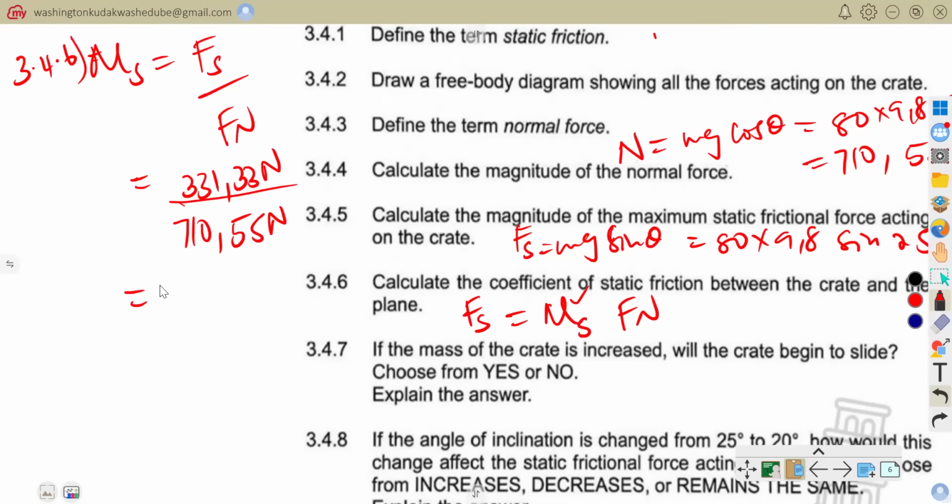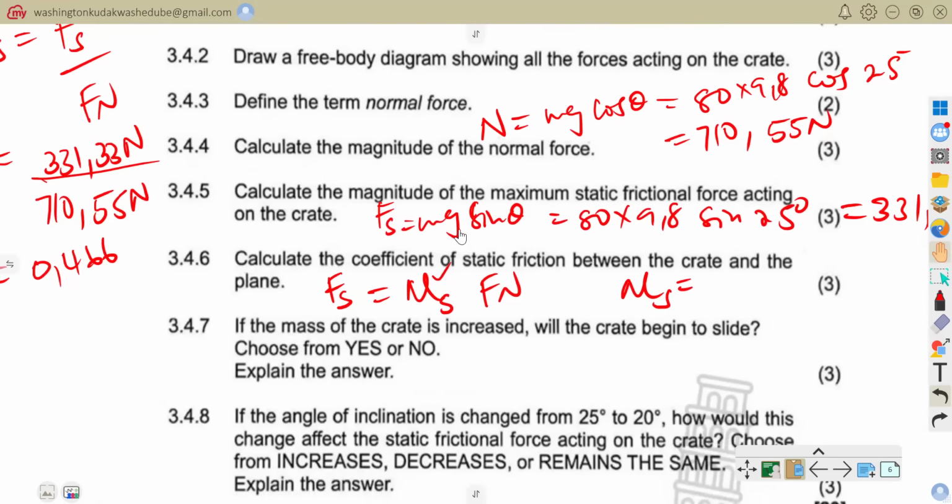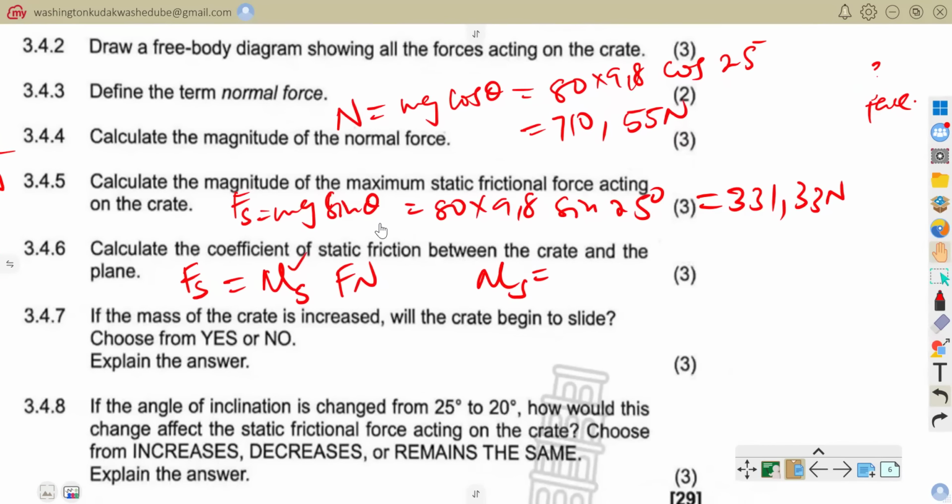If I divide those two, I'm supposed to get 0.466. So my answer there, mu, the coefficient of static friction, is equal to 0.47. That is how you calculate it.